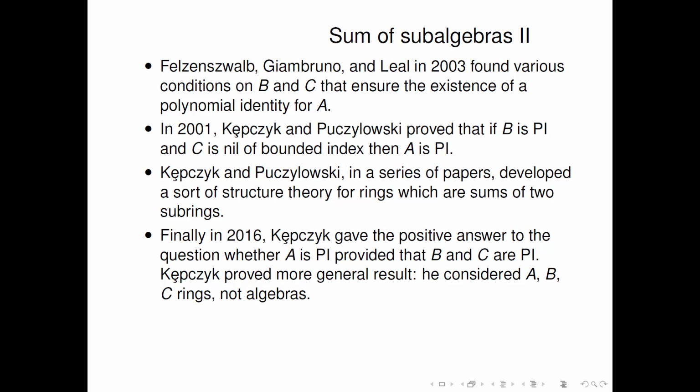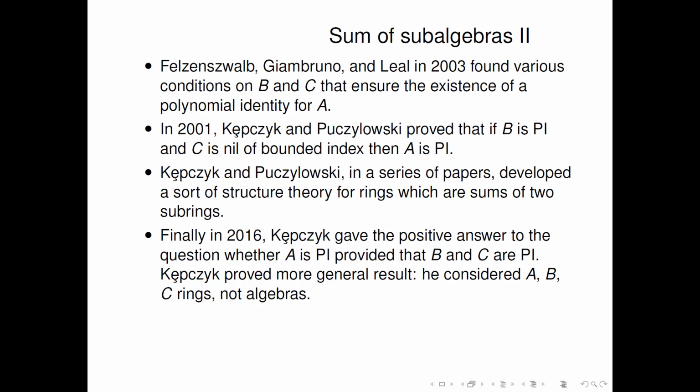Then Kępczyk and Puczyłowski also published a series of papers, some 6 or 7 papers, where they developed some kind of structure theory for rings that are sums of two of their subrings.